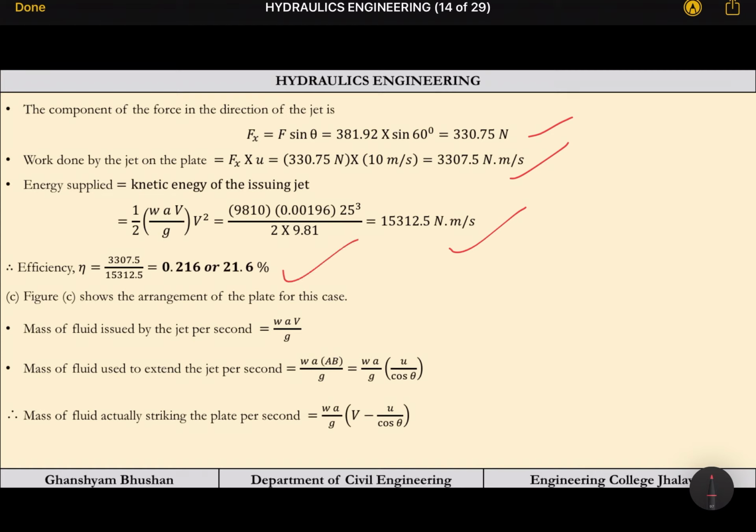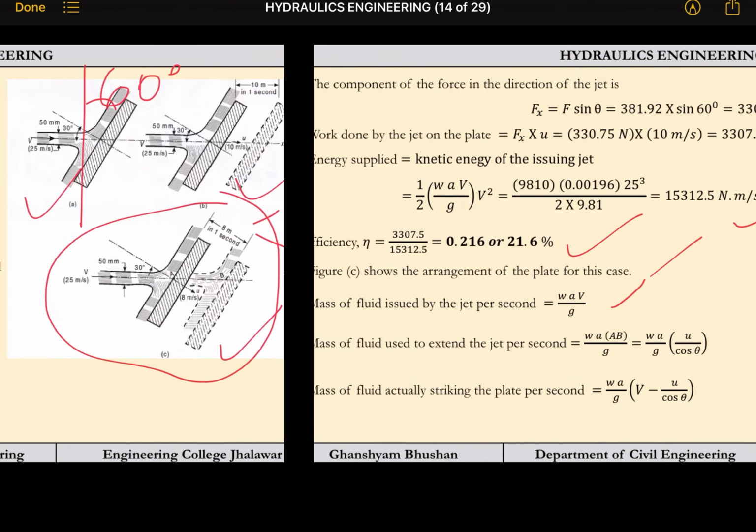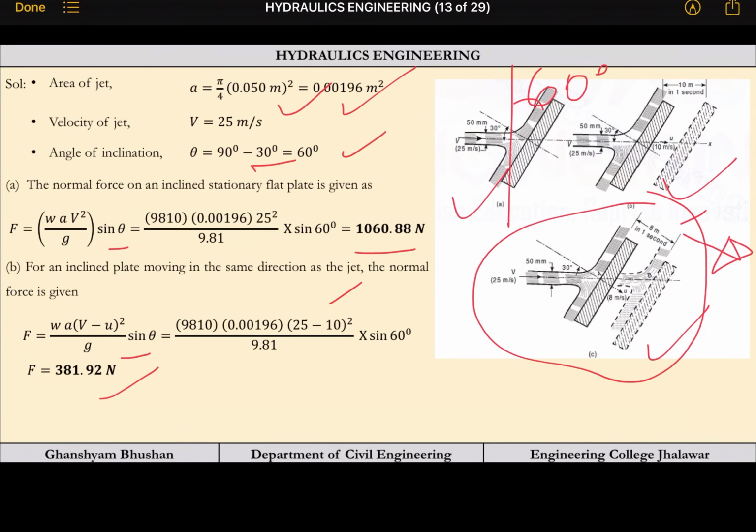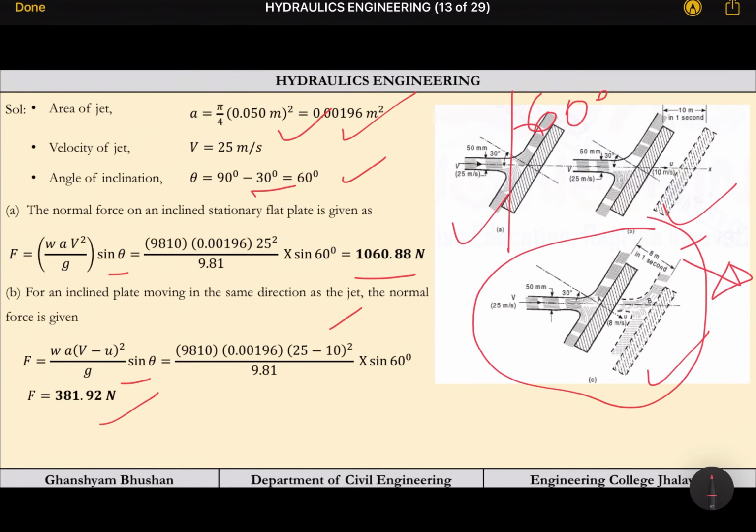So figure C is for the third case. So the mass of the fluid is WV by G. The mass of fluid used to extend the jet per second is WA into length AB. So just check, the length AB is how much? Length AB is what? This is B and this is A. So this length we are talking about.